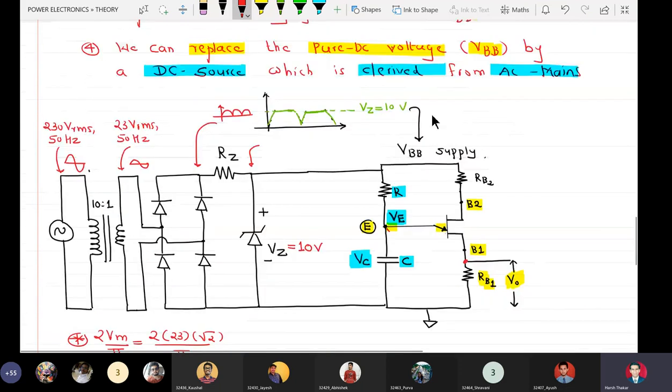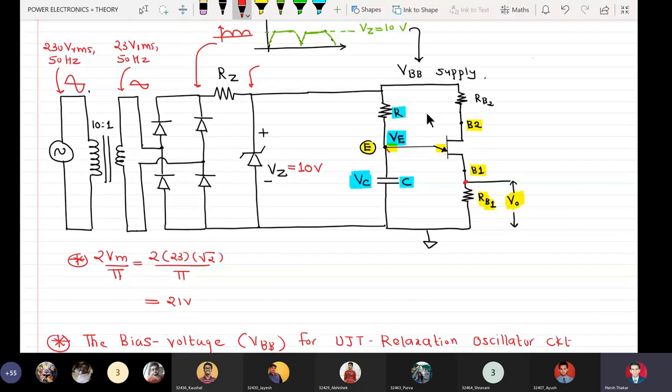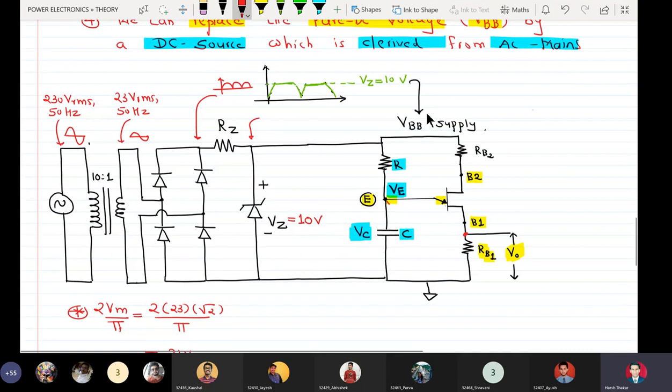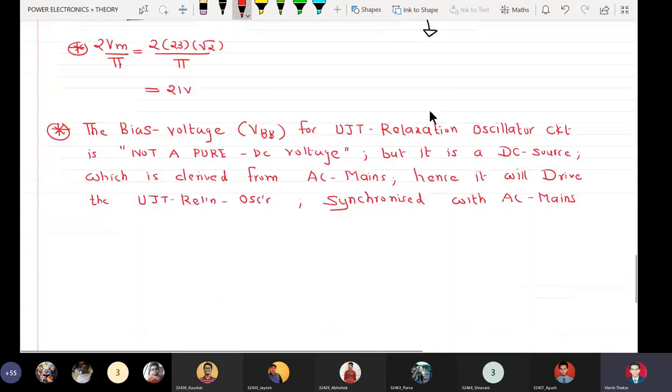So that is why this circuit which is there in front of us is actually called as synchronized UJT triggering circuit.